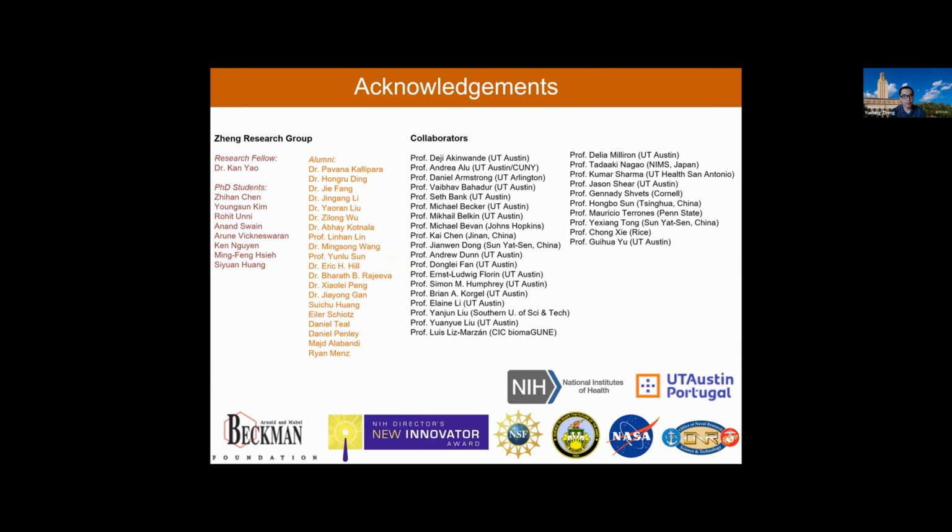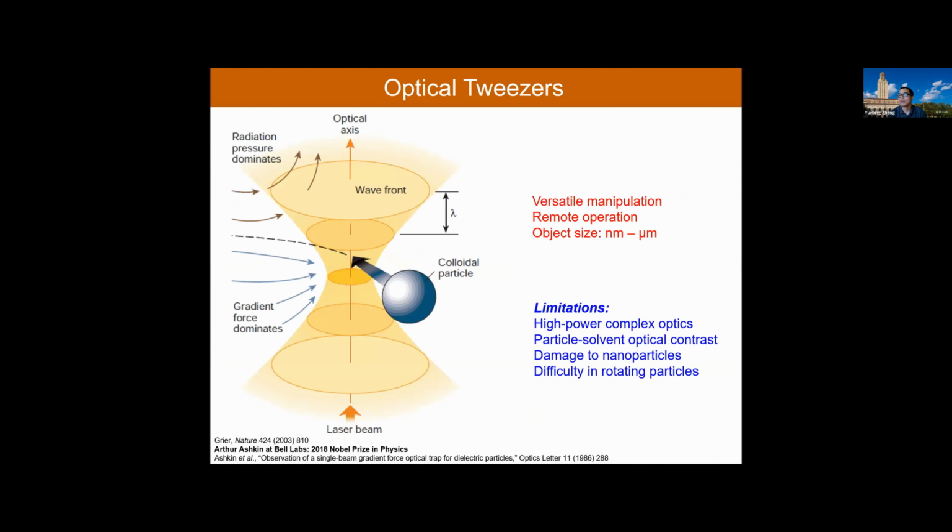When we think about optical manipulation, optical tweezers have become one dominant tool, which enables us to advance many fields, in particular biology. Simply speaking, optical tweezers are based on optical scattering and gradient forces, which provide a tremendous advantage in studying biology because they can be remotely controlled using light.